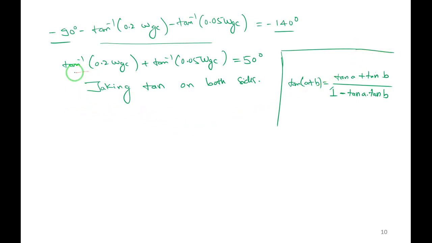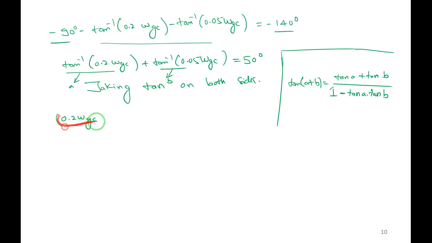So I will treat this entire thing as A and this entire thing as B. So tan of A plus B. Tan A means tan of tan inverse of 0.2 omega gc, so tan of tan inverse will get cancelled, and I will get 0.2 omega gc.